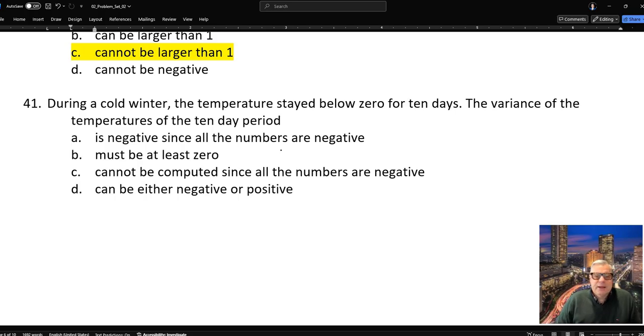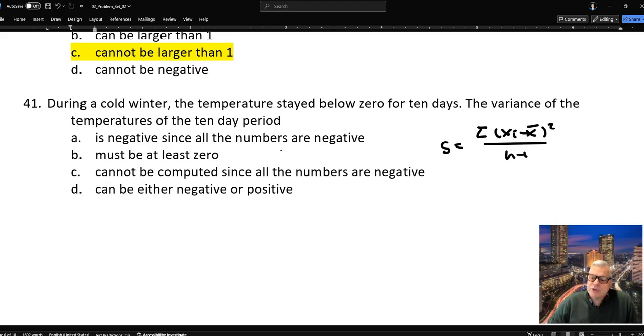So again, the standard deviation is the square root of the variance, and the variance is the sum of all the squared deviations from the mean over n-1.